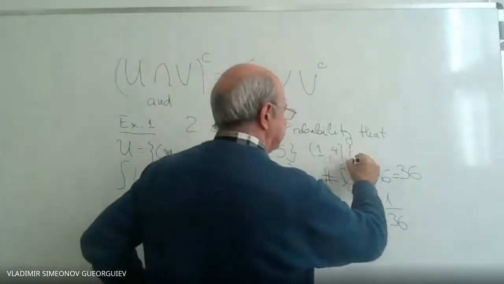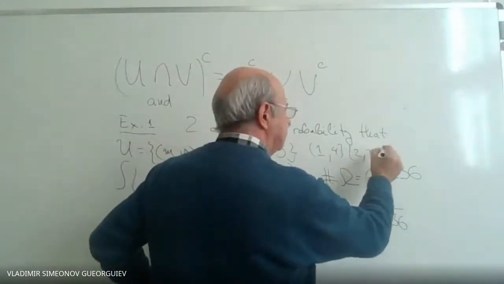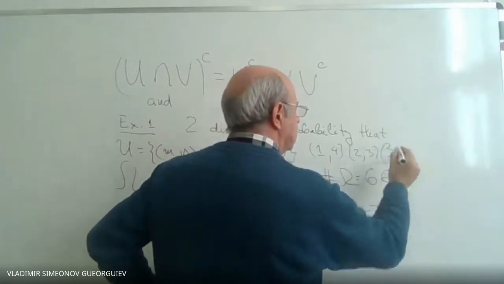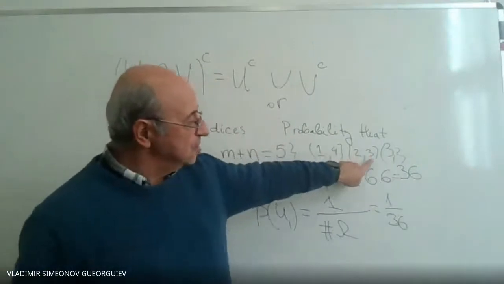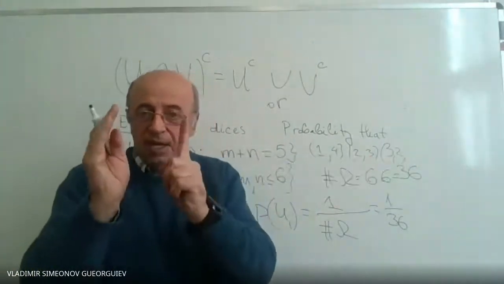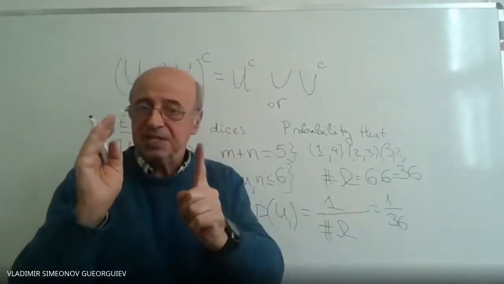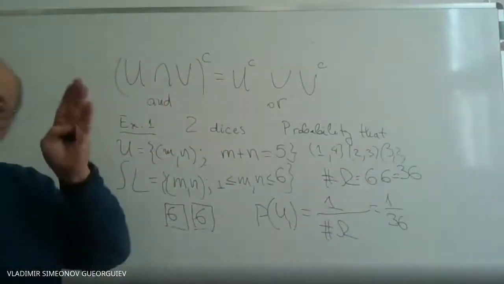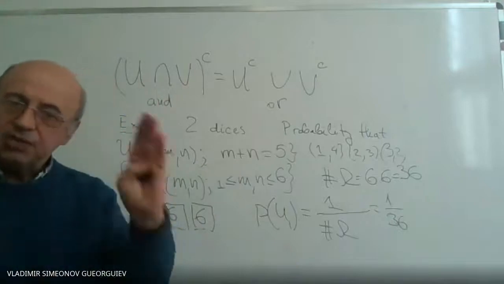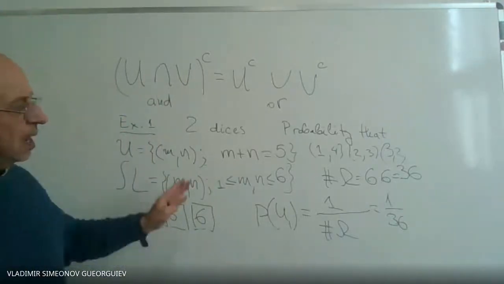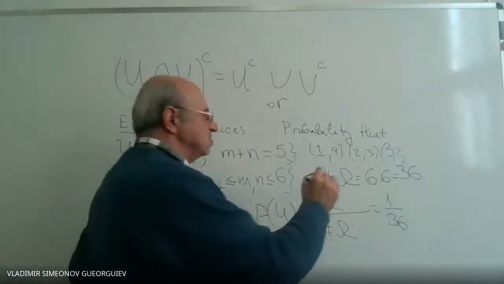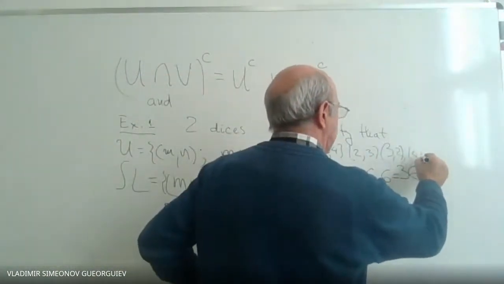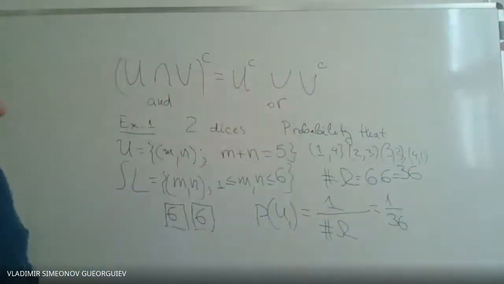Then we can have 2, 3. Then we have 3, 2. Since we have taken into account first and second, they are different. In this calculation, it is important who is first and who is second. And now we count according to first, second. Then we have 4, 1, and that's all.